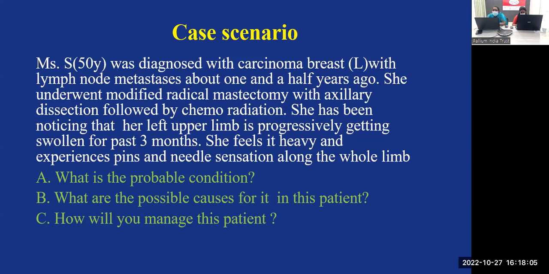She has noticed that her left upper limb is progressively getting swollen for the past 3 months. Now she feels it's heavy and experiences pins and needles sensation along the whole limb. So what is the probable condition? What do you think?